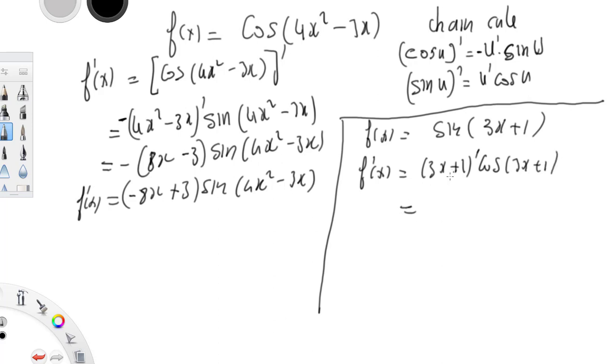Now what is the derivative of 3x plus 1? The derivative of 3x is 3 and the derivative of 1 is 0. You have just 3 cosine of 3x plus 1. This is f prime of x.